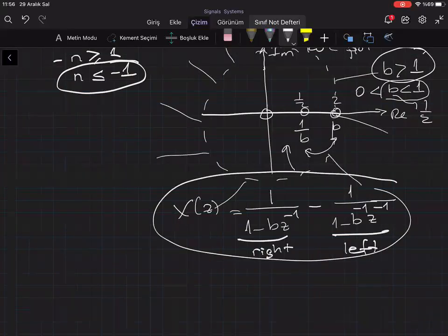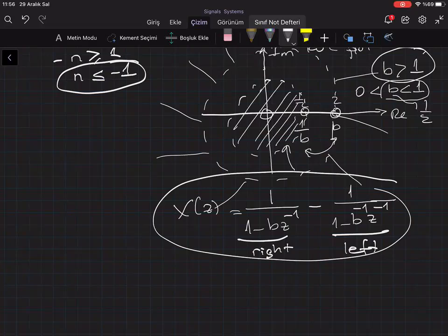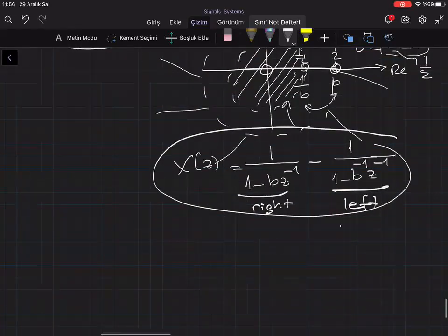And this one, left-sided, draw inside. Is there an overlap between these two ROCs? No. So there is no convergence if B is greater than 1. No convergence.